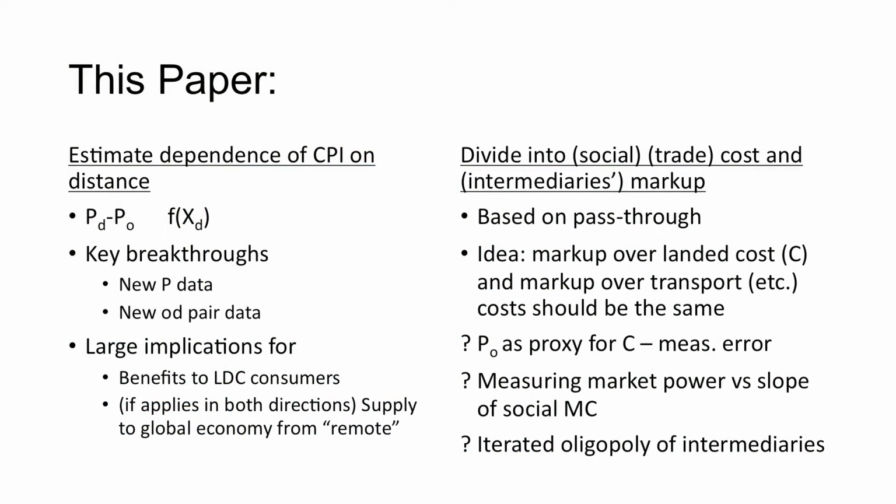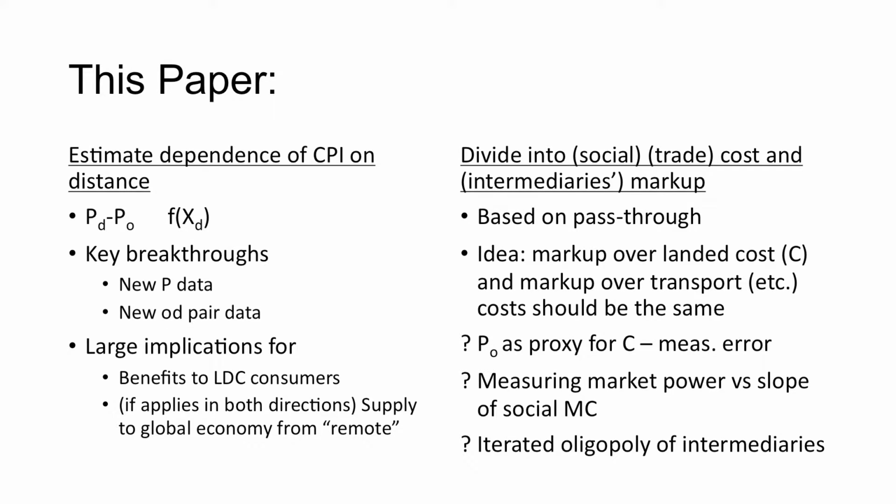There are two big accomplishments in this really interesting paper. One of them is finding these price wedges and pinning them on the OD trading pairs and to some degree on distance. I think that's a bigger accomplishment than Dave told us about. It took a lot of real research work.